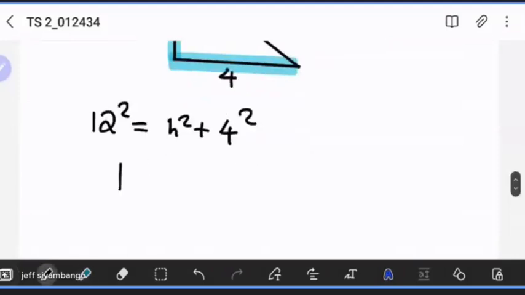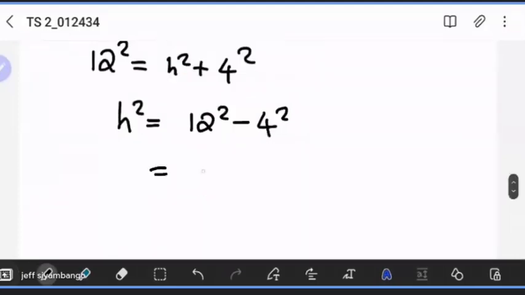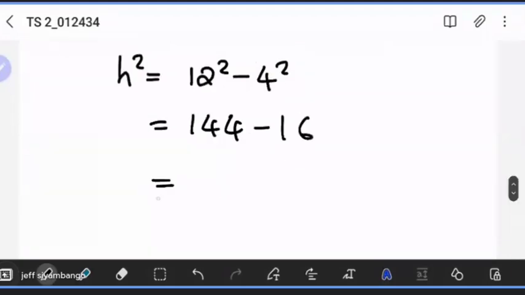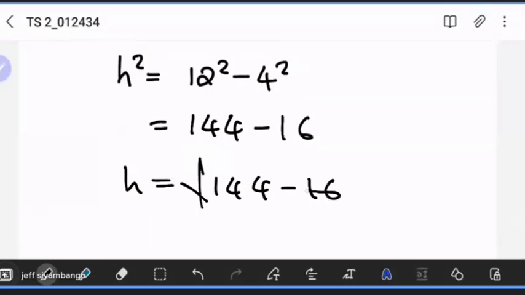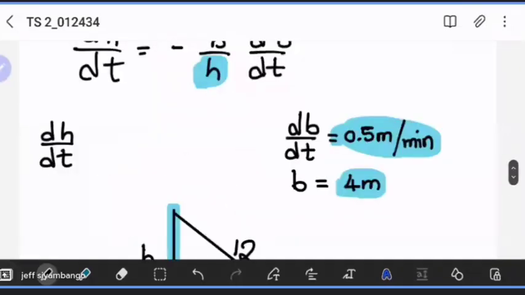So we're going to have height squared is equal to 12 squared minus 4 squared. And this will be equal to 144 minus 16. So this would be the square root of 144 minus 16. What is this giving us? So we get 11.3 meters. So now we can plug in here.